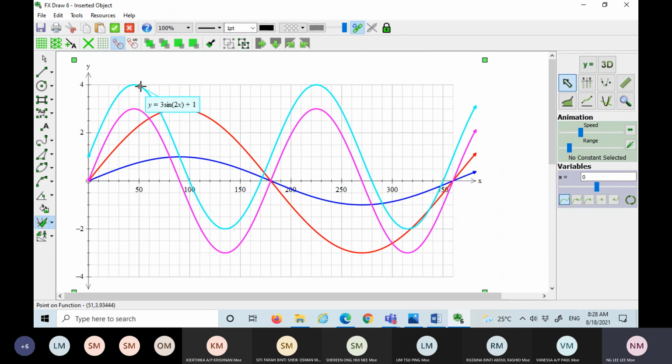So you look at this light blue color. When you adjust the c, +1, means you are shifting the whole graph. Concentrate on the purple color and the light blue color. You are shifting the whole graph vertically, +1 unit because +1. One unit above. You concentrate on a few points. The 0 here becomes 1 here.